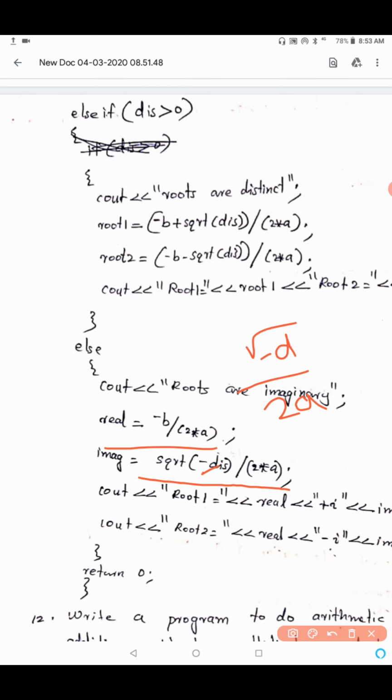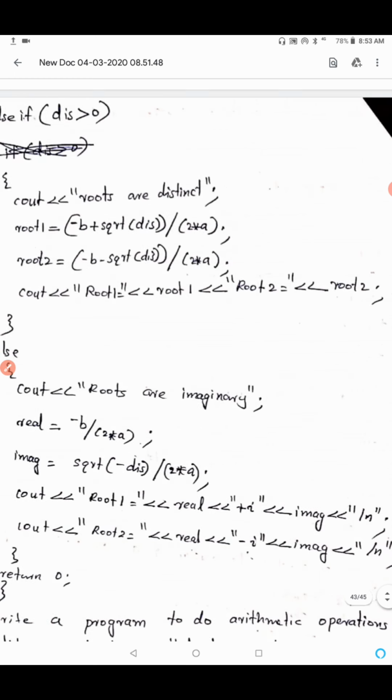That is because then only we can calculate the value. Minus into this minus means we will get plus. So this real part and imaginary part we are representing separately. So the first root is root 1.